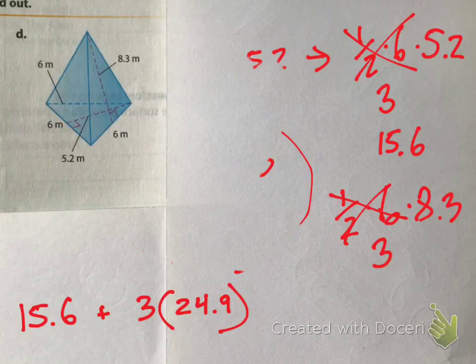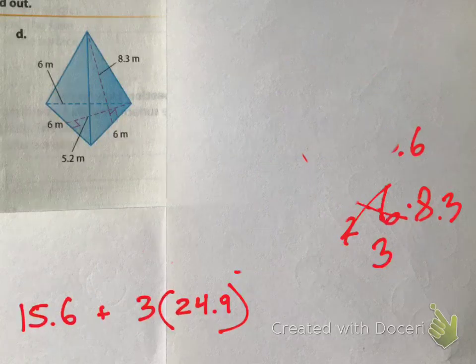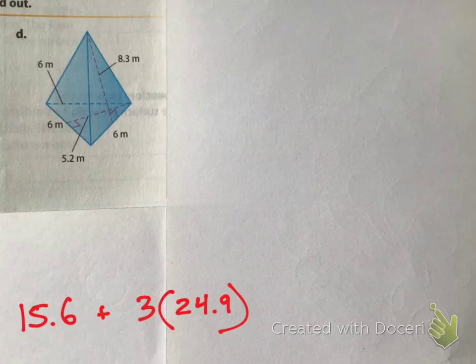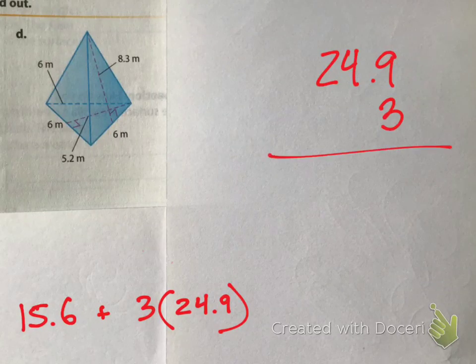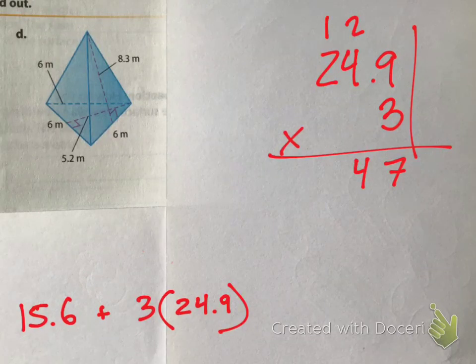Once again, now we got to do some more multiplication. If you can't tell, this unit is pretty big on multiplication and addition. So we got 24 9/10 times 3. When we multiply, we always line up at that far right. 3 times 9 is 27. 3 times 4 is 12. Plus 2 is 14. 3 times 2 is 6. Plus 1 is 7. We moved it over 1. We move it back 1.